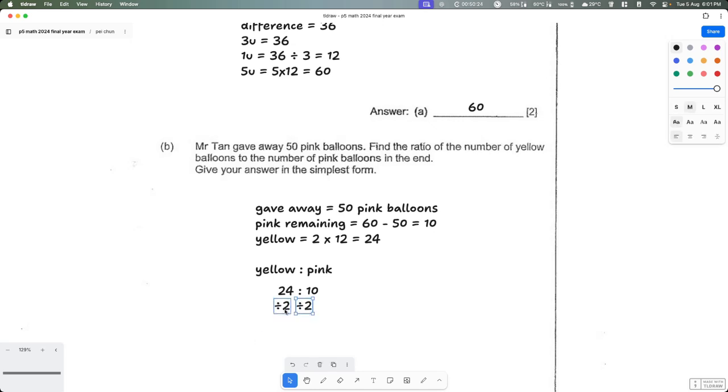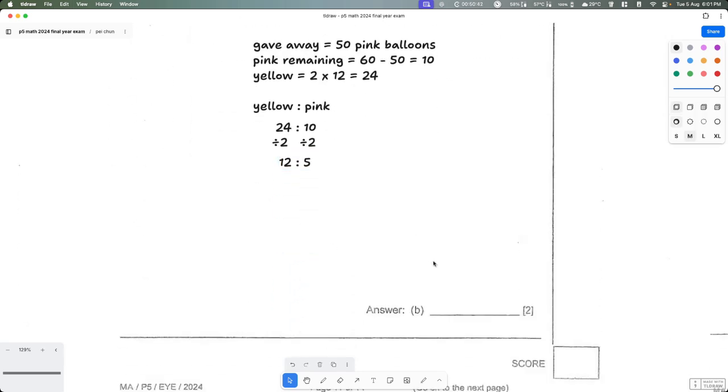The common factor is 2 in each case, so that means it's 12 to 5. Okay, 12 is to 5. So the answer to this is 12 is to 5. All right. Okay, let's move on to the next question.